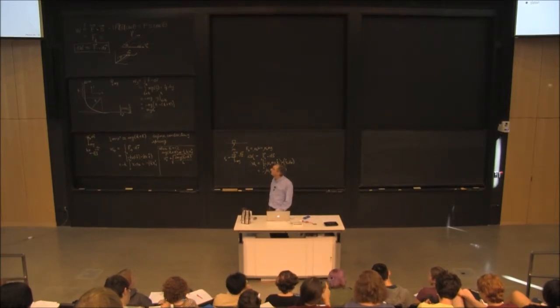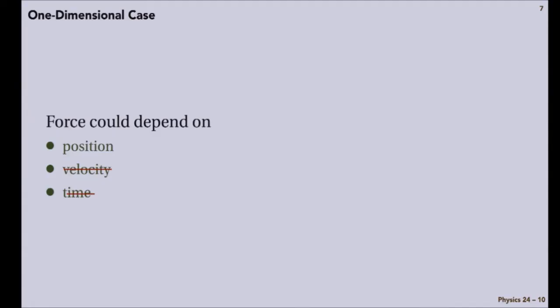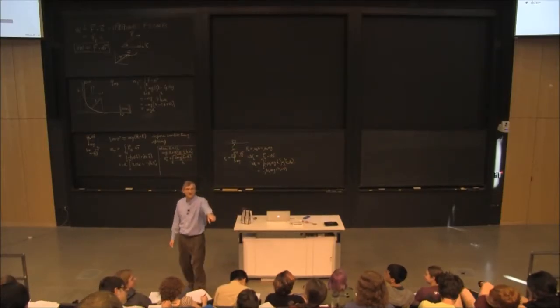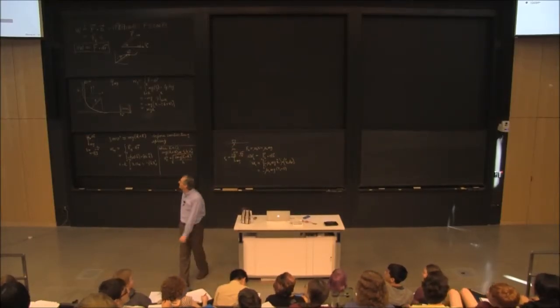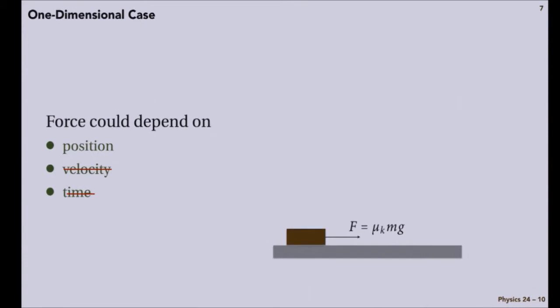Okay, so those are hard. So I'm lining them out. They were there and they've been crossed out. Why?